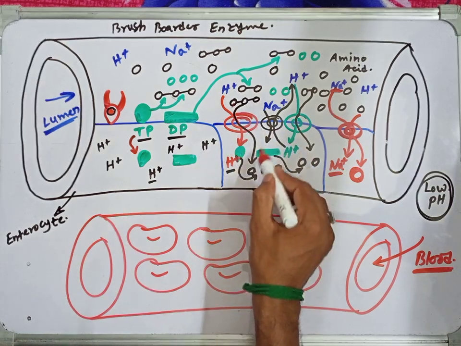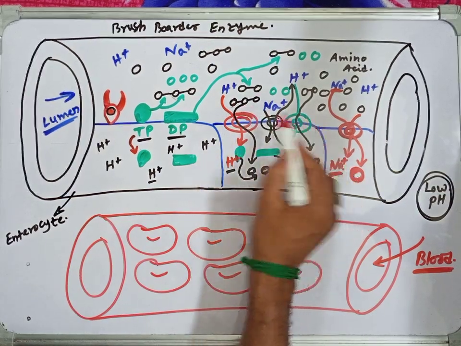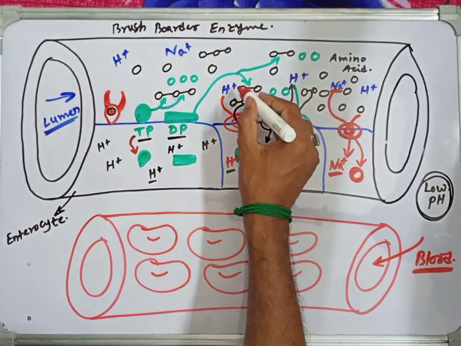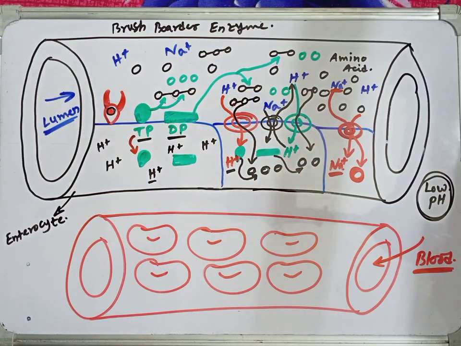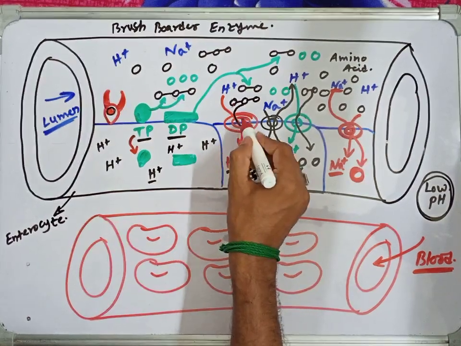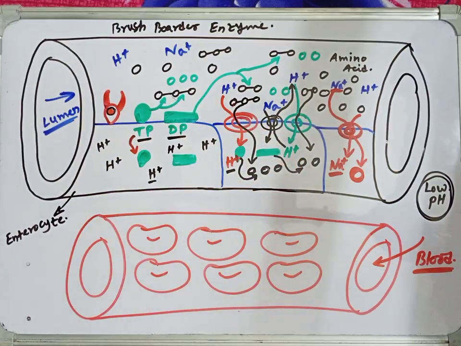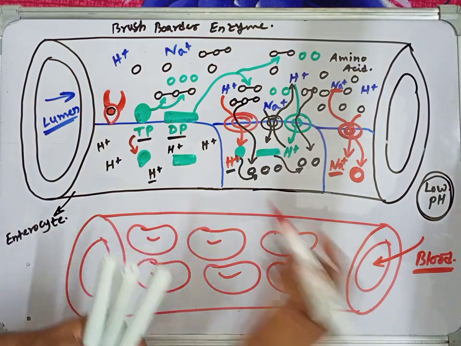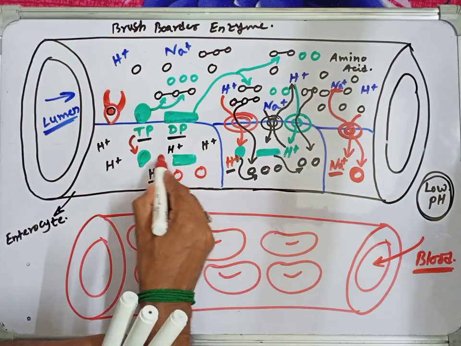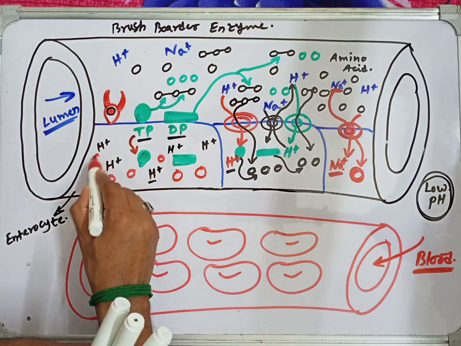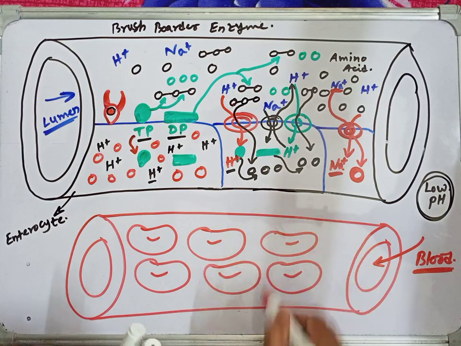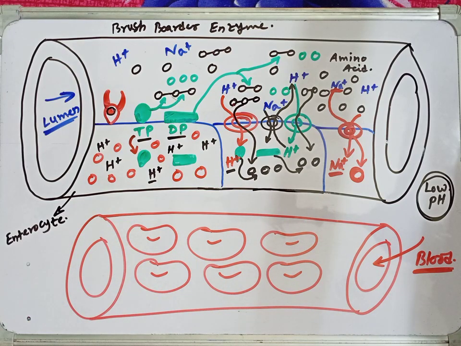And there is the absorption mechanism of tripeptide and dipeptide with the help of sodium co-transporter, right? This transporter is called sodium co-transporter. Now this enterocyte contains lots of amino acid, and this amino acid now needs to be transported into the blood, right?